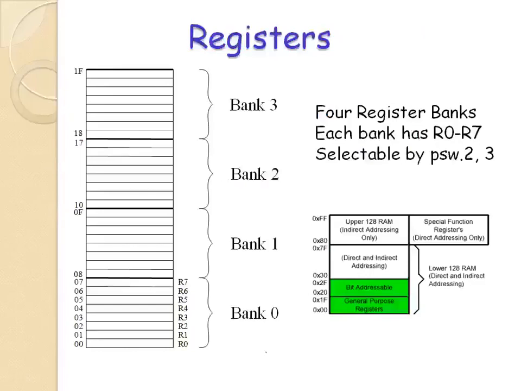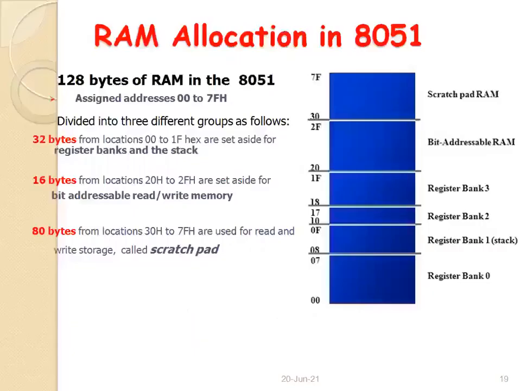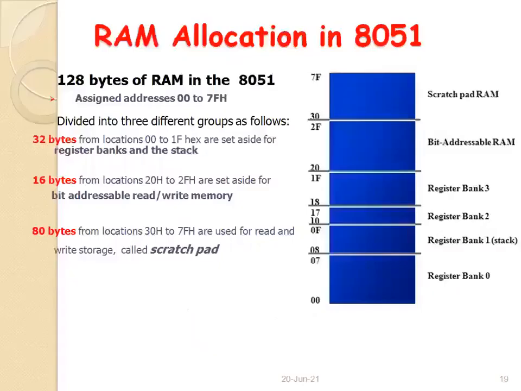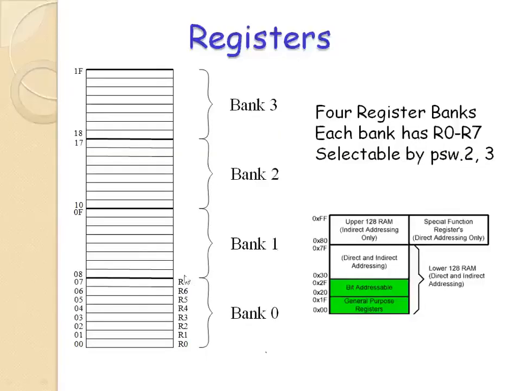So this is the bank. If we zoom into this portion, 00 to 1F is reserved for the register banks. Here we find bank 0, where the registers are designated as R0, R1, R2, R3, R4, R5, R6 and R7.